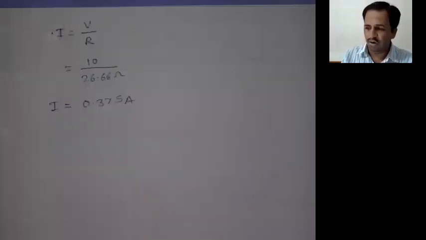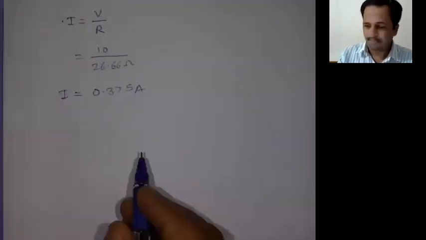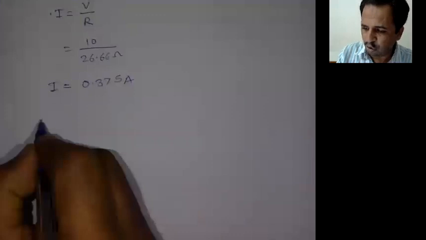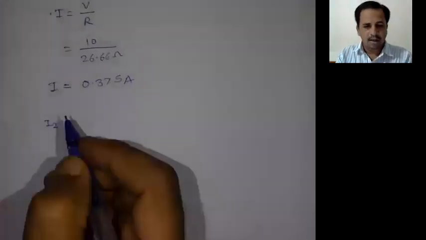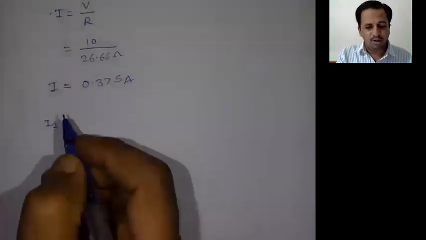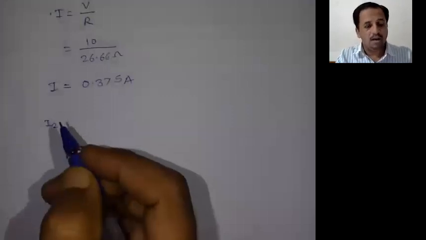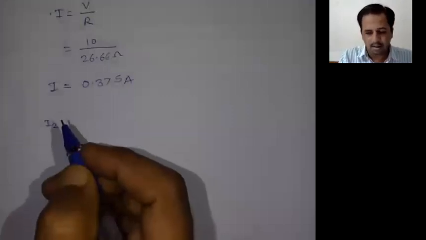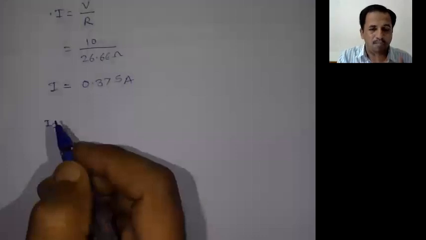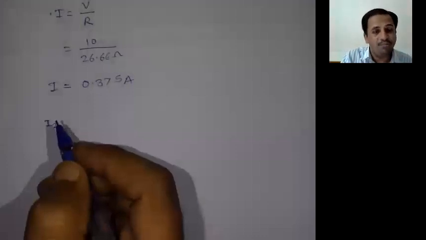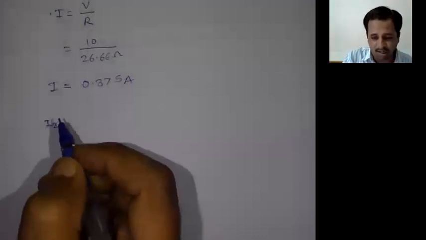Now we have to find these values, the current flowing through R2 and R3. This can be solved in two ways: once by using the parallel combination resistor, and second by using Ohm's law.